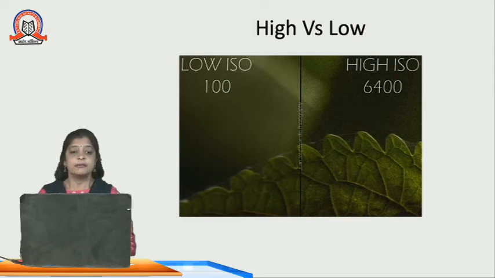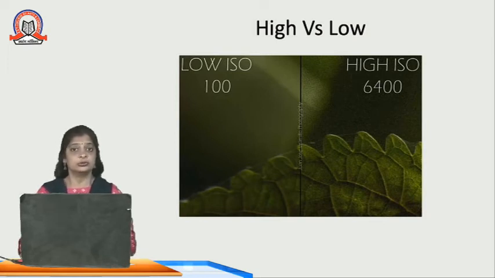See the example of the difference between low ISO and high ISO. To the naked eye, it is very difficult to see the difference, because nowadays there are powerful cameras.